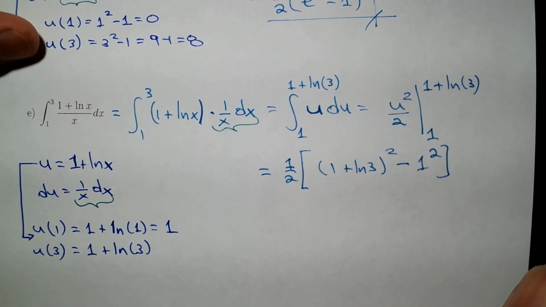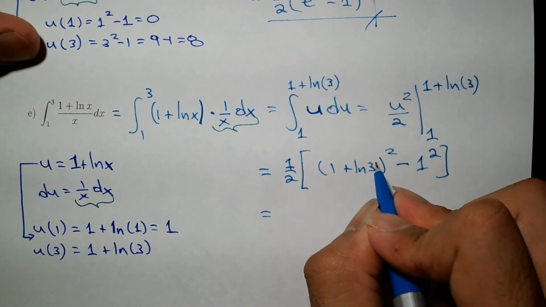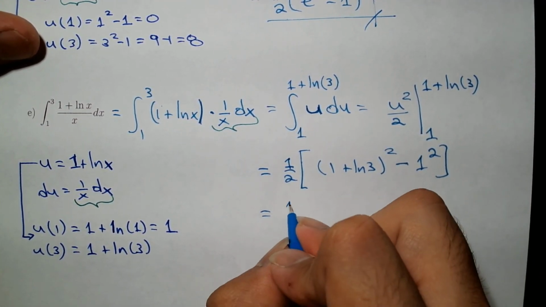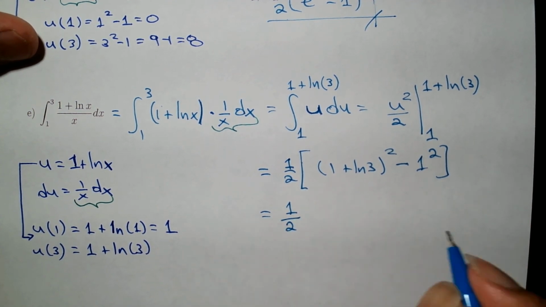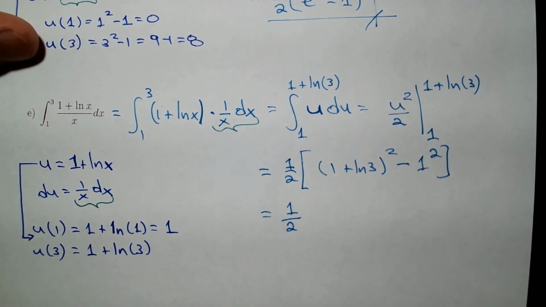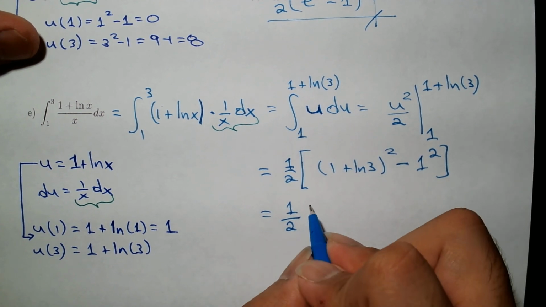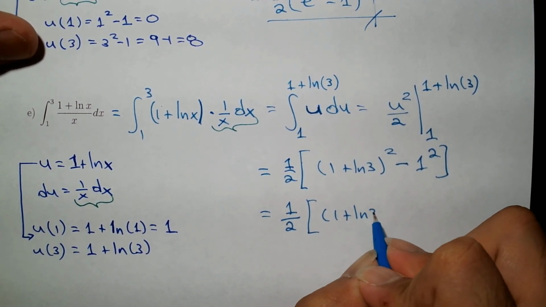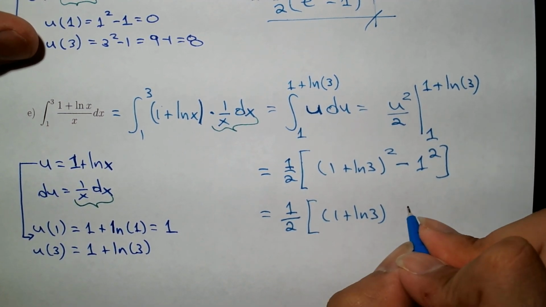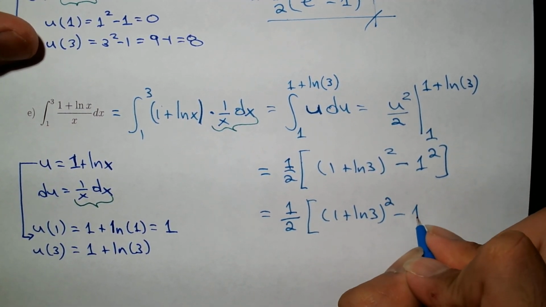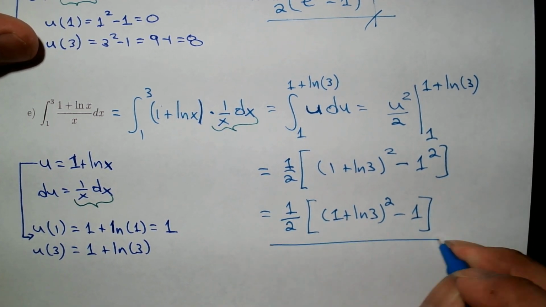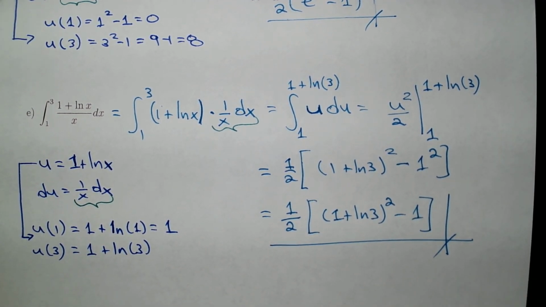No need to bother expanding this binomial here. That's fine. That's good enough for a final answer. So this is going to be 1/2 of the quantity 1 plus ln of 3, squared, minus 1. Final answer. Exact answer. That's enough.